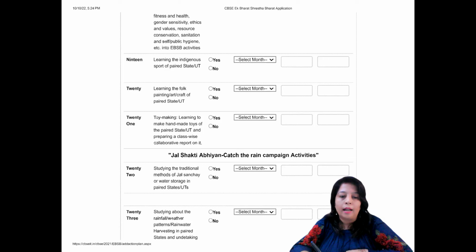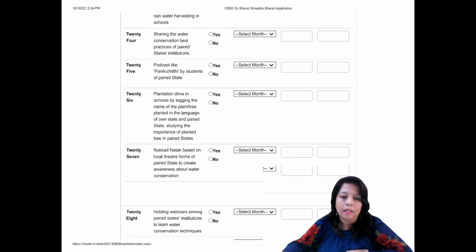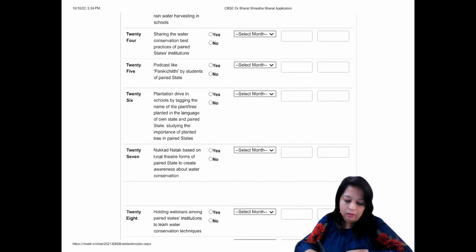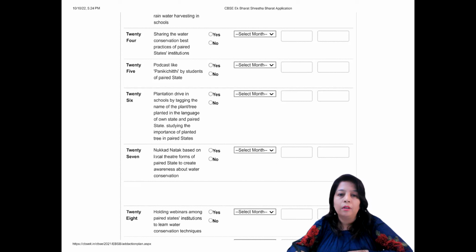Activity number 23, studying about the rainfall, weather patterns, and rainwater harvesting in the paired states, and undertaking rainwater harvesting in the school. This is again activity number 23, to be done by the Science and Social Sciences Department with the help of the HPE department as well, and contact the admin team too. I mean, with the help of the school coordinator, you can go ahead with some kind of activities.